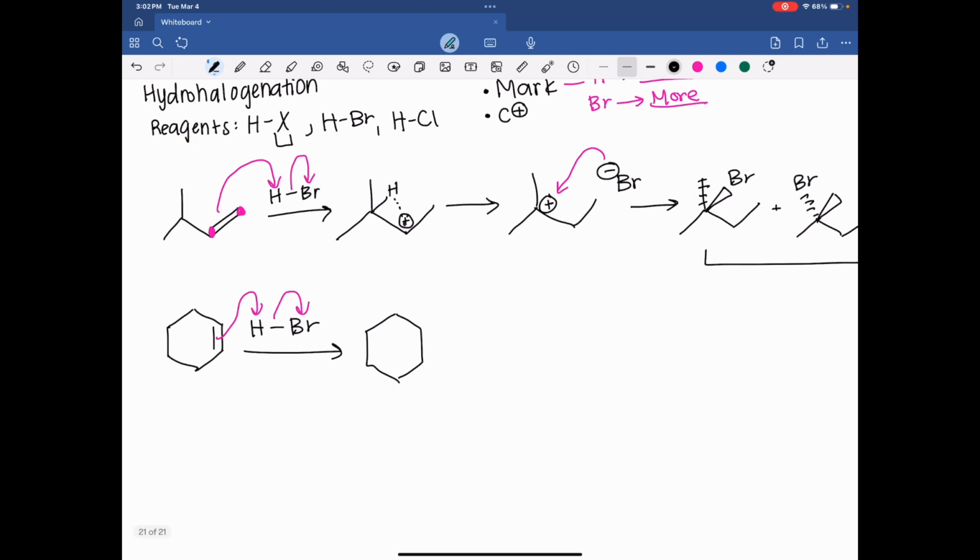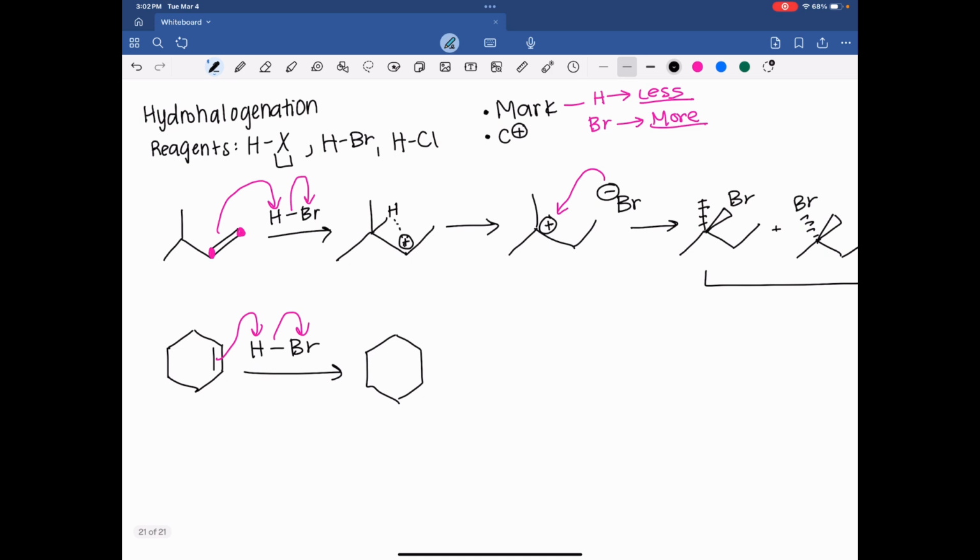They have the same number of substituents. So Markovnikov doesn't really apply here. So let's just put R positive on this one, and then my Br minus will come and attack here, and I will get this.